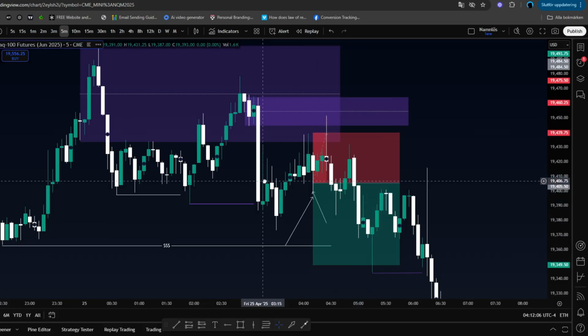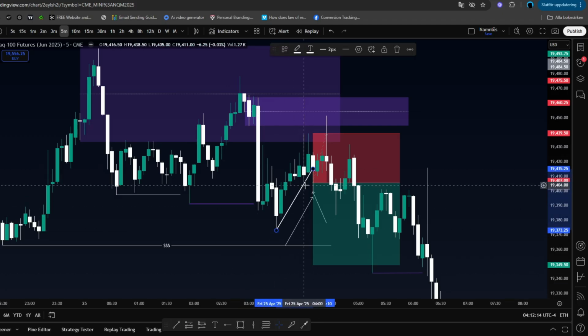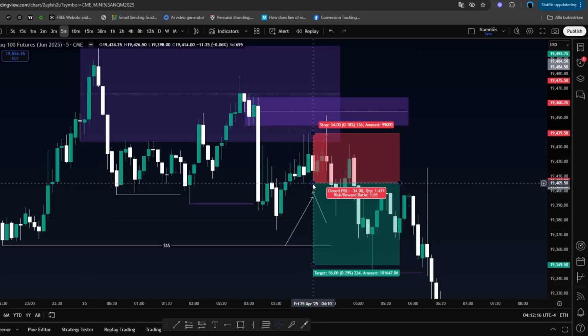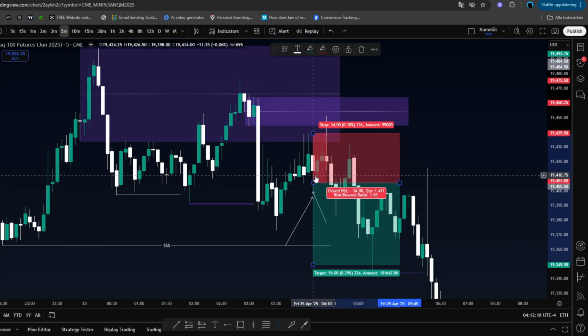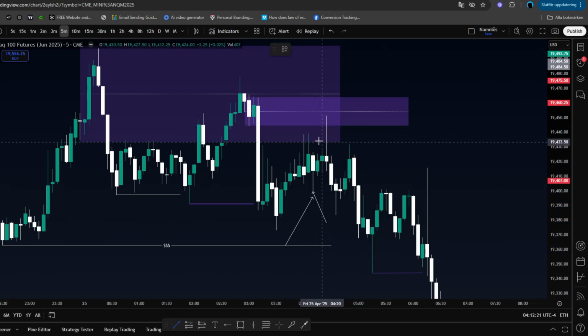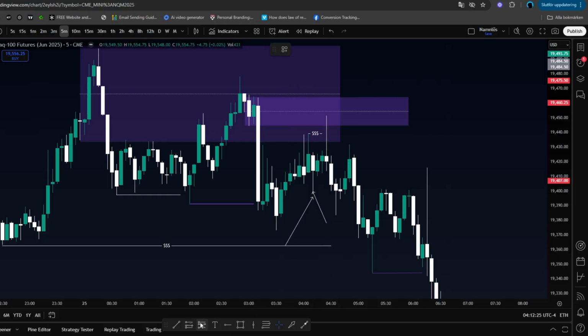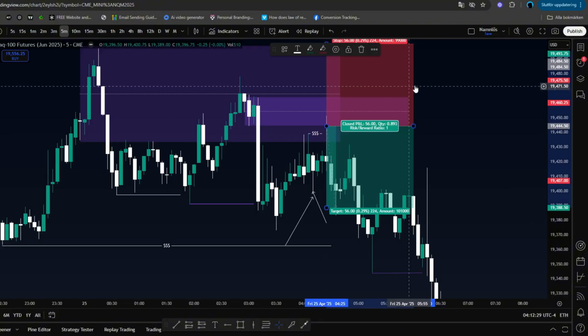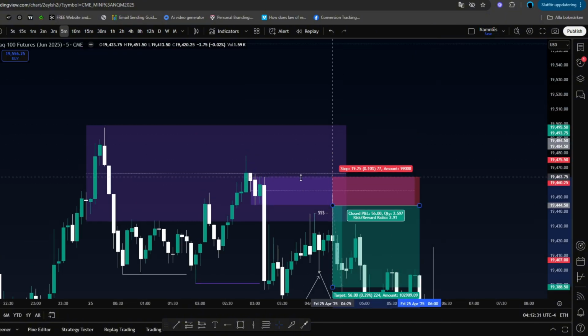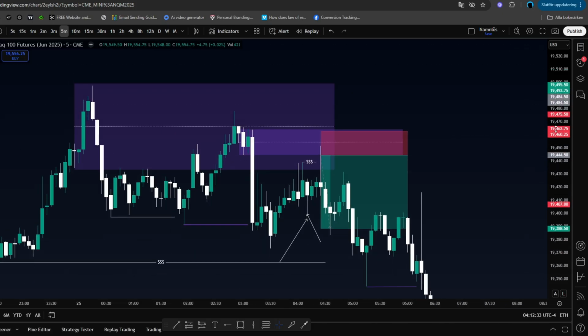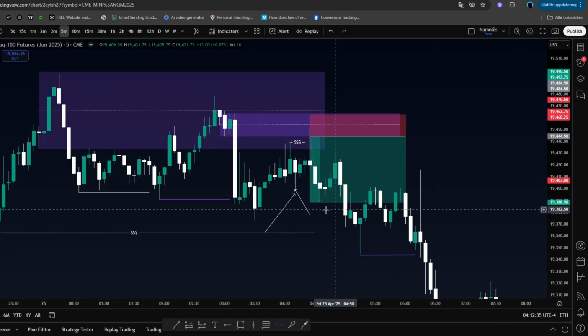So now what happens is we get a lot of stops right here, right? Because this is a trend line breakout and it's a break of a previous support. So retail goes short here. That means a lot of stops are engineered right there, which will allow for the banks to position themselves in the order block they have prepared beautifully.